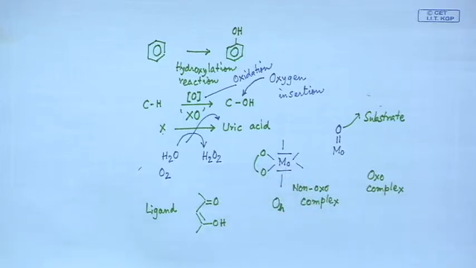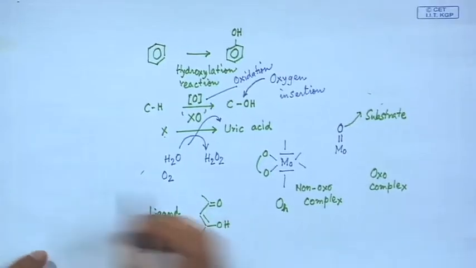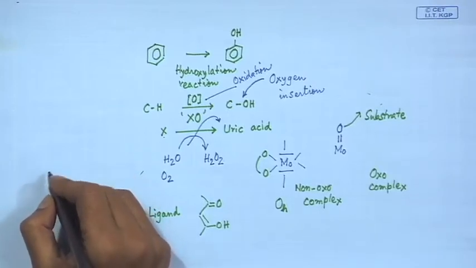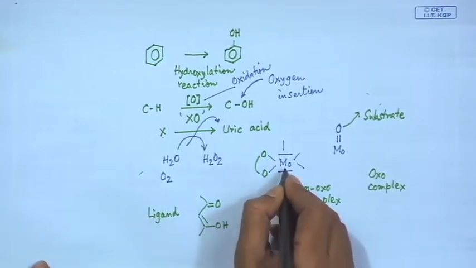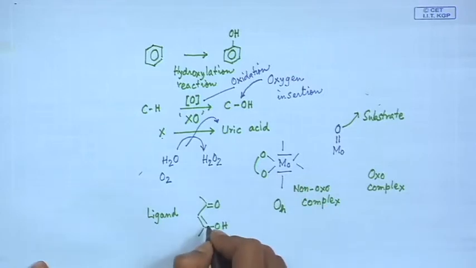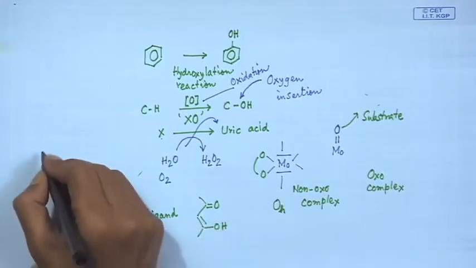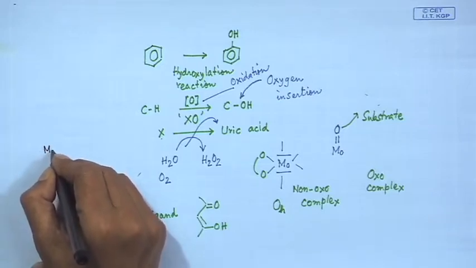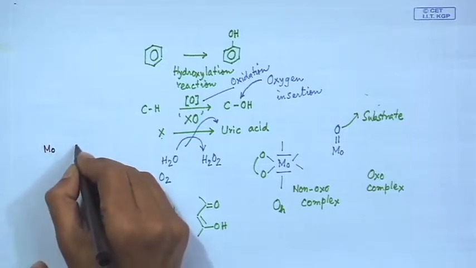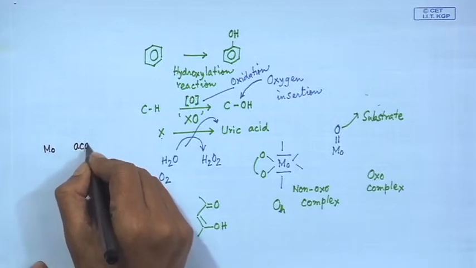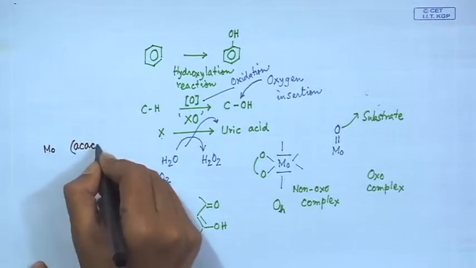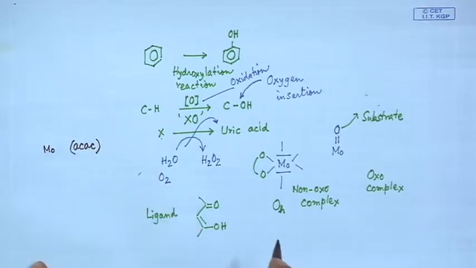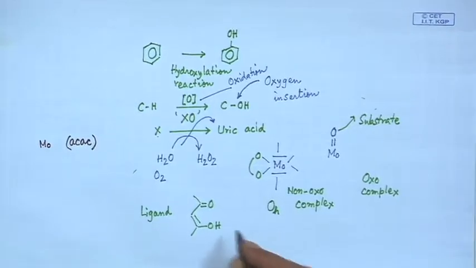So, if we think of a non-biological system that we can get in the laboratory based on molybdenum, it utilizes the ligand acetyl acetone. If we have a molybdenum center and we take acetyl acetone, sometimes we call it the ACAC ligand.